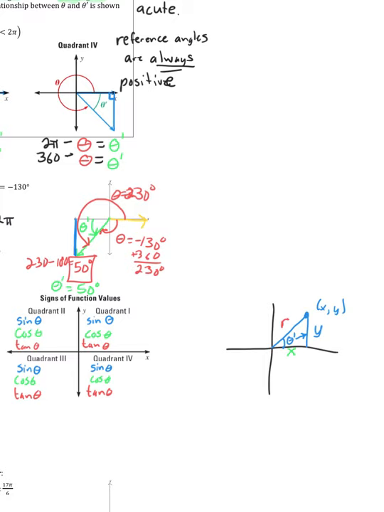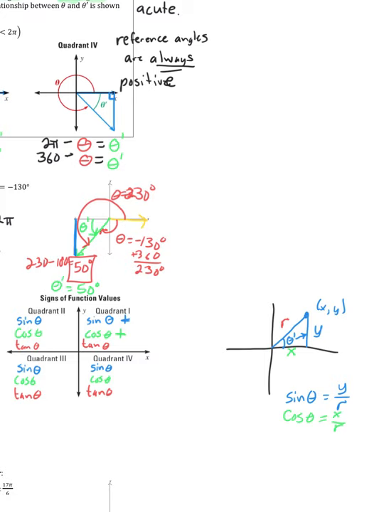So for example, if I'm doing sine of theta prime in quadrant 1, I'm going to do positive y over positive r. So that means the sine function is going to be positive in quadrant 1. If I'm doing cosine of theta in quadrant 1, I'm doing positive x over positive r. So cosine is going to be positive in quadrant 1.